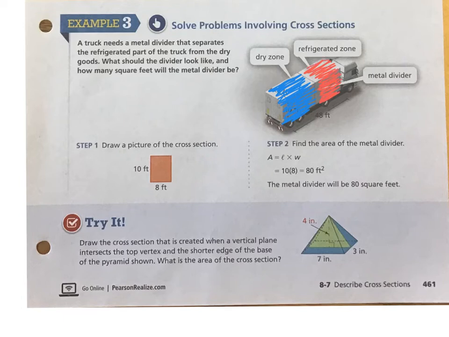And between the two is going to be a metal divider that separates them, because you can't have the refrigerated section and the dry zone together. So the first thing that we need to do is look at this piece that makes up that metal divider and determine what those dimensions are. So I'm going to erase my coloring here so we can go back and look at those dimensions.